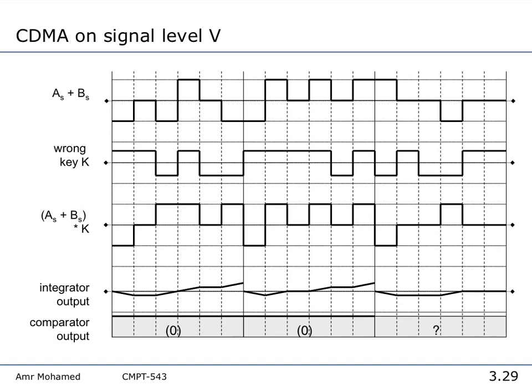We also discussed the issue that CDMA has certain disadvantages, and one of them is the fact that, if we're talking about point to multi-point communication in a star topology where the nodes have to communicate with the base station, the base station has to have all the keys of all the nodes in order to be able to receive data from all these nodes.